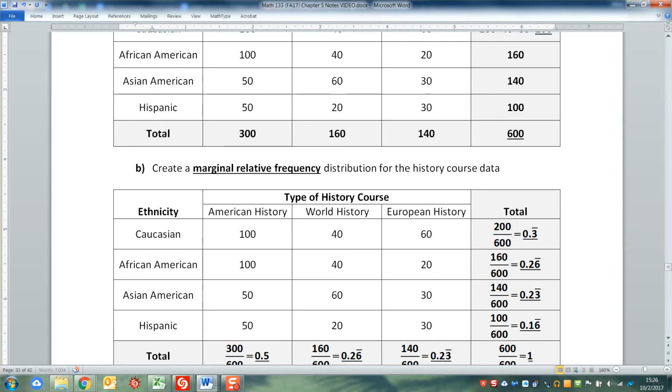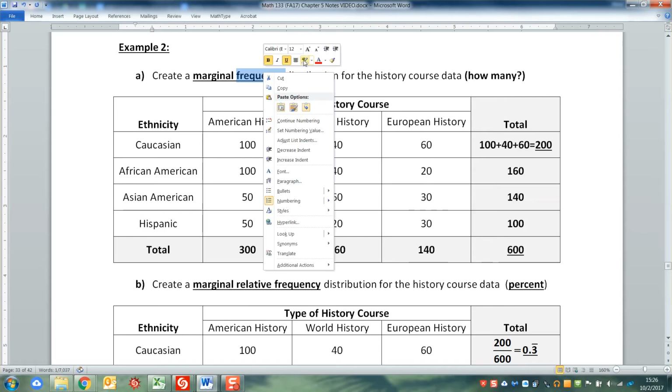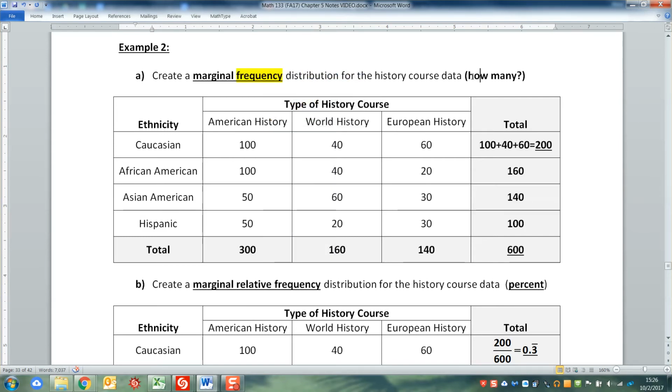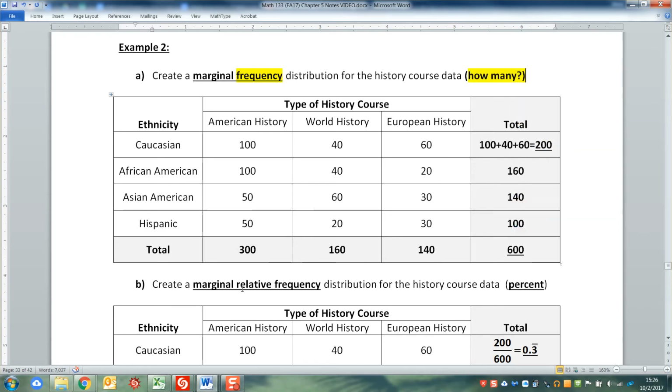So relative frequencies are more percent or decimal, whereas frequency is more how many, in case you're interested. So frequency asks how many, and relative frequency, these two words, would mean more percent.